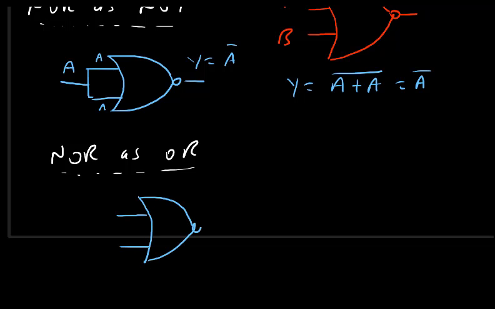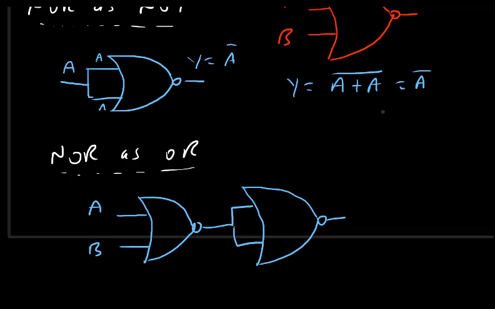Then this is given to the second NOR gate, which has shorted input. So input is A, B. Because it is a NOR gate, we have A or B the whole bar.